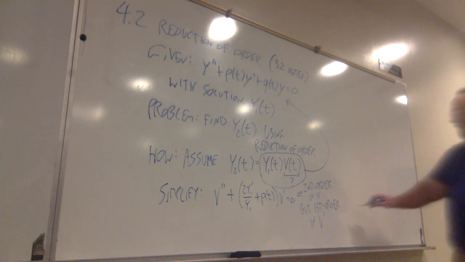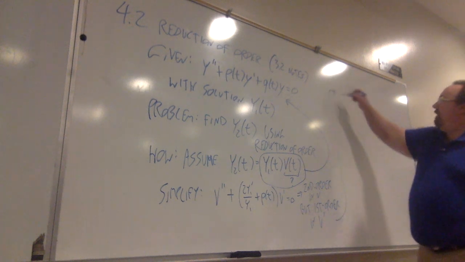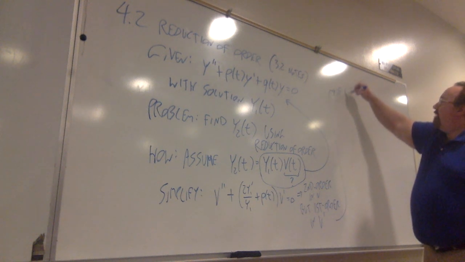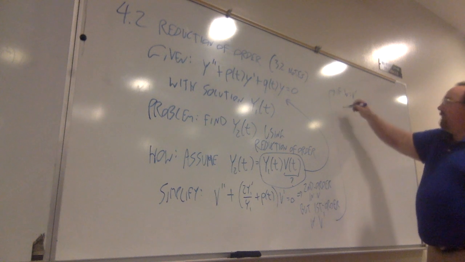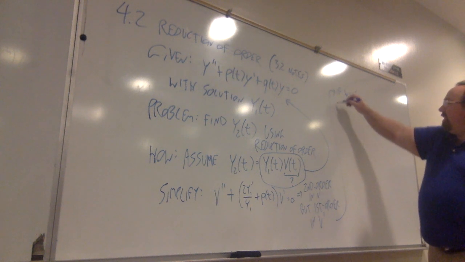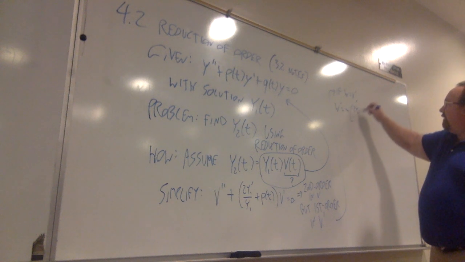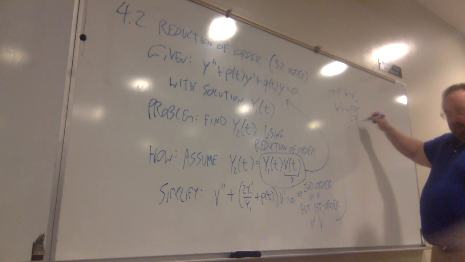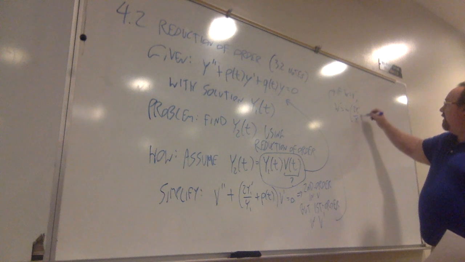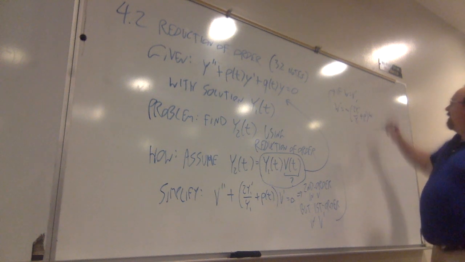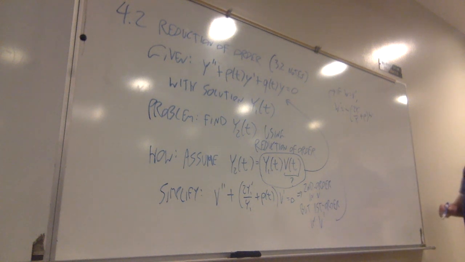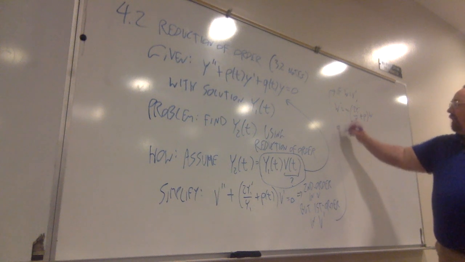So what that tells us is, if I let w equal v prime, then I can say that w prime is equal to minus all that stuff in parentheses times w. And therefore I know what w is.